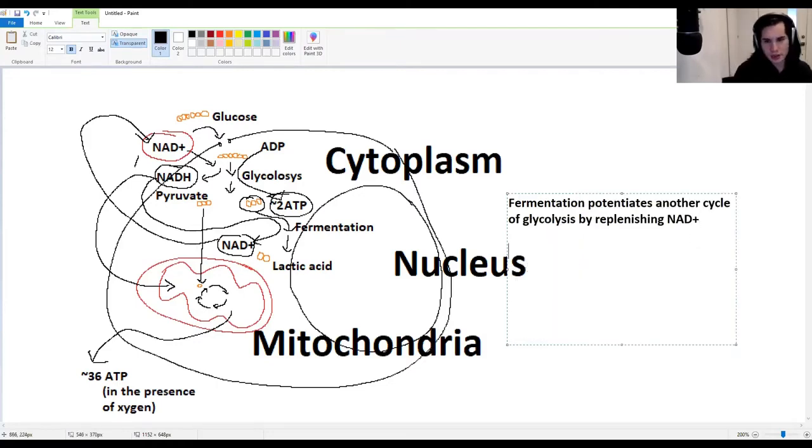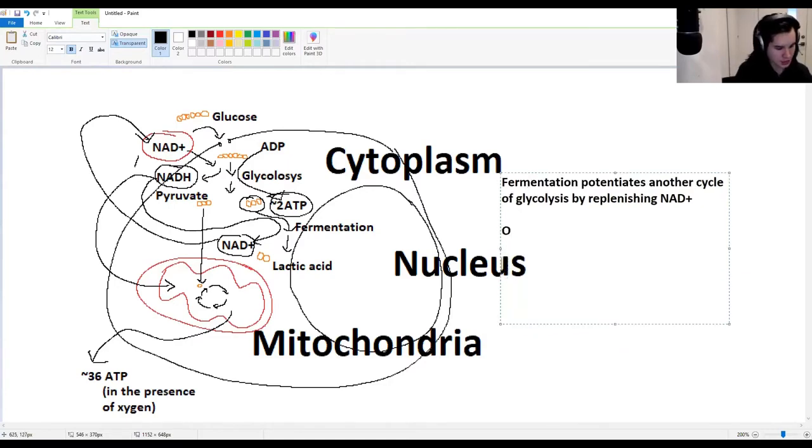The process we're doing this through is oxidizing. We oxidize the NADH into NAD+.